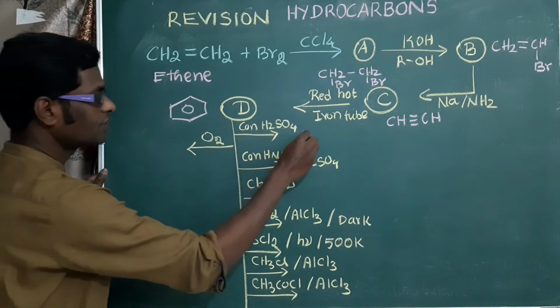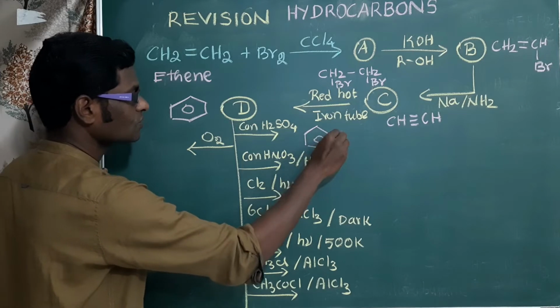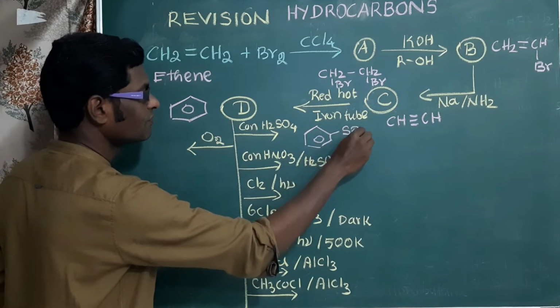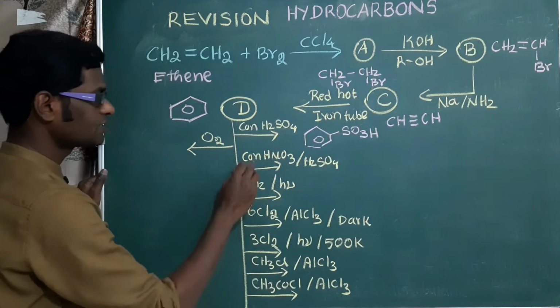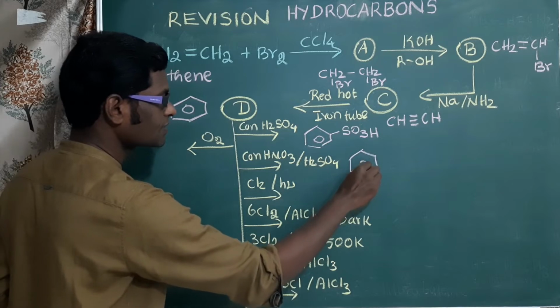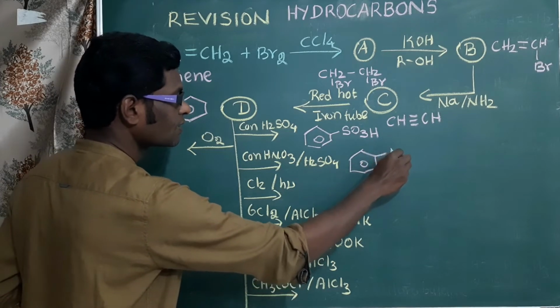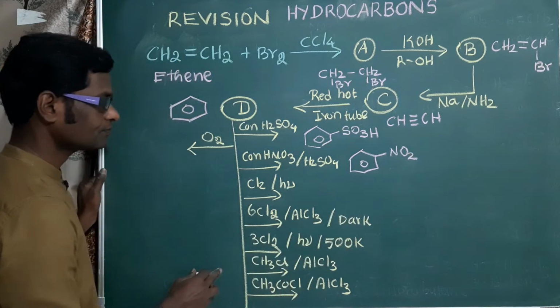When benzene is treated with concentrated sulfuric acid, the reaction is called a sulfonation reaction. We will get benzene sulfonic acid. When benzene is treated with a mixture of concentrated nitric acid and sulfuric acid, nitration occurs, and we will get nitrobenzene.